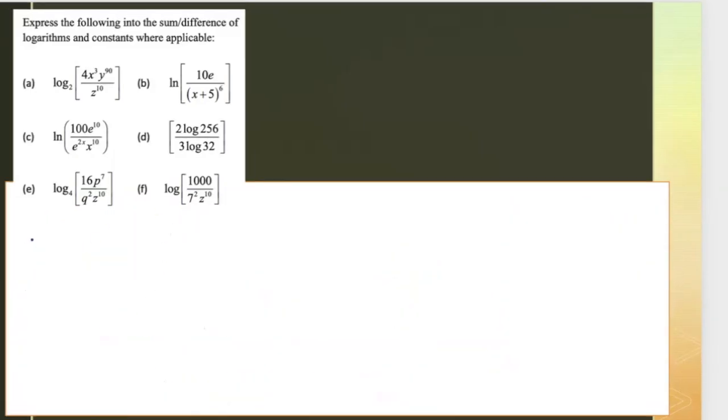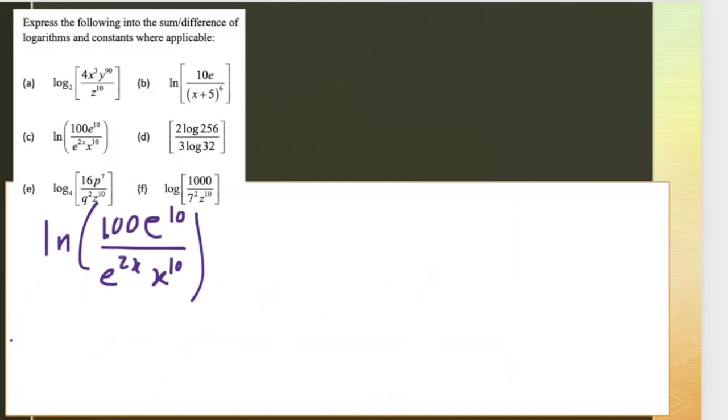If you look at another one, say the ln one, where I have ln of 100 e to the 10 over e to the 2x times x to the 10.